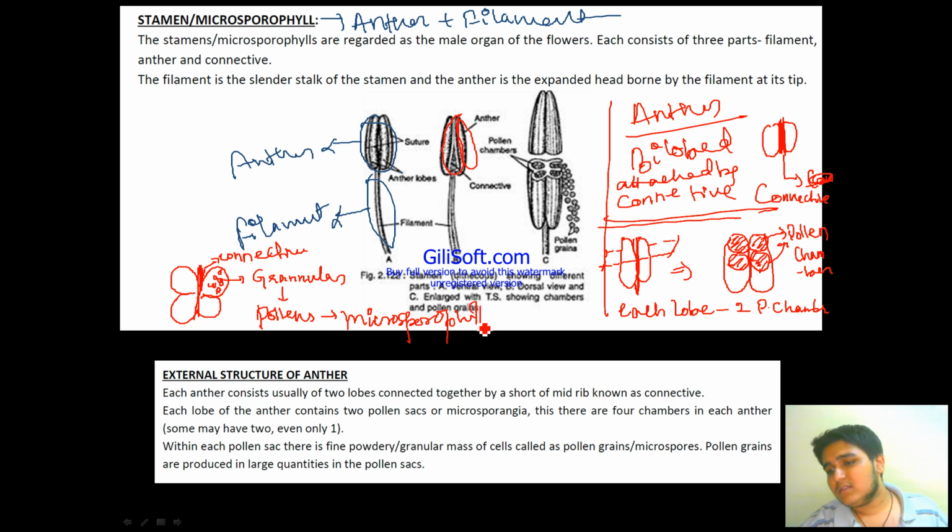This is not exactly a male gamete, because the male gamete is formed inside the pollen, but this is a very brief general overview of the microsporophyll. These are microsporophylls with pollens inside, and that is what is explained in these lines here, and even this line over here explains the same thing. Any doubt in this slide?